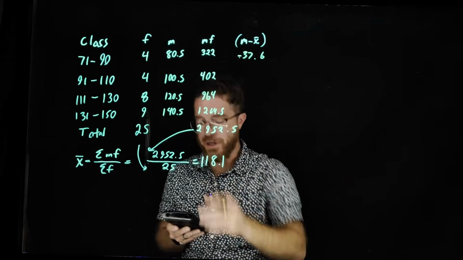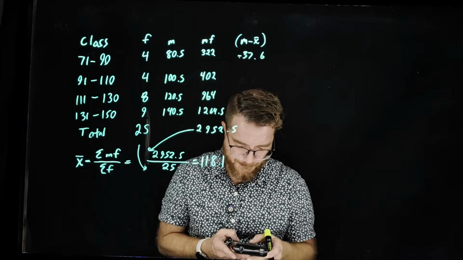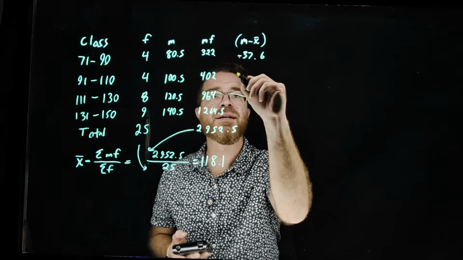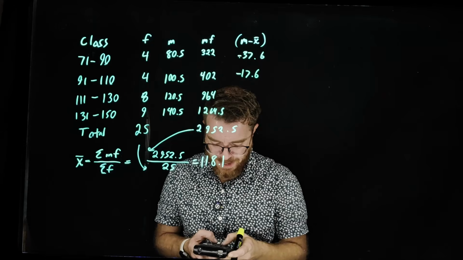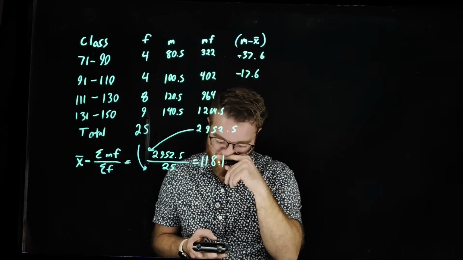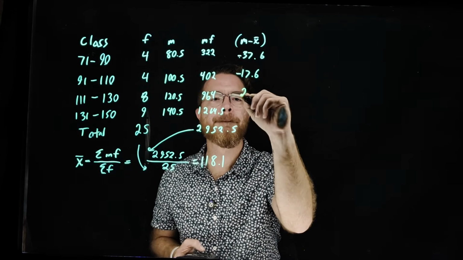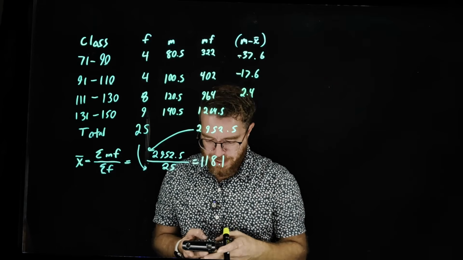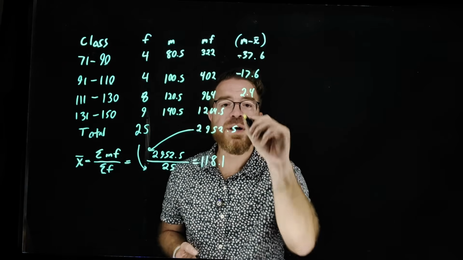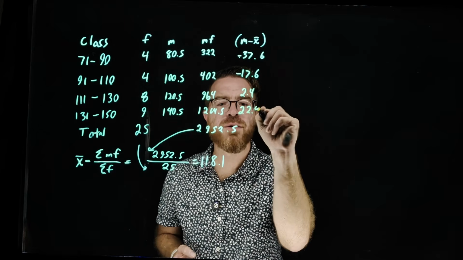Now I'm going to take 100.5 and do the same, and I'm going to get negative 17.6. Next, I'm going to take 120.5 and subtract 118.1, and I'm going to get 2.4. And last, I'm going to take my 140.5 and subtract 118.1, and I'm going to get 22.4.